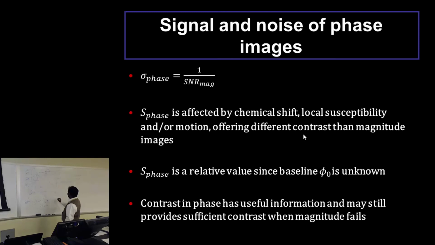Now, if this was within a voxel, you're adding up those two vectors. But if these were individual voxels, then in the phase image you would be able to see that this phase is slightly off from this phase.